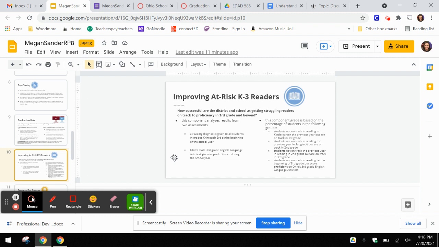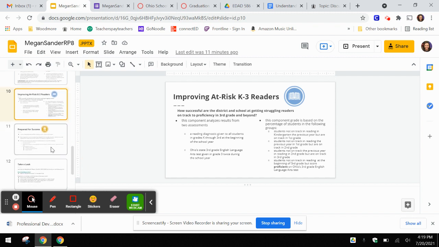So each time we have a child starting not on track at the beginning of, let's say, kindergarten, for example, and then they start first grade on track, the district is showing that we are successfully meeting the needs of struggling readers and getting them on track to proficiency in third grade. So that talks a little bit about how that improving at-risk K-3 readers component score is calculated.